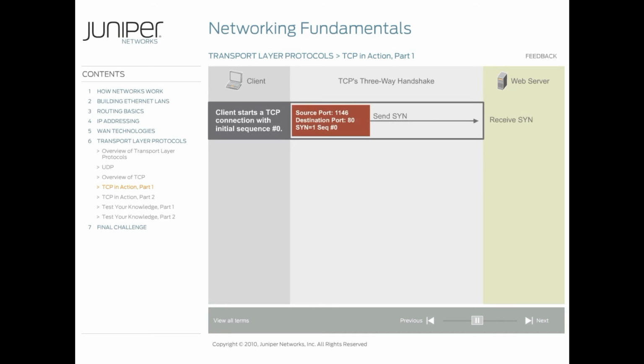The client initiates or starts the connection process by sending a TCP segment identifying the source and destination port numbers, in this case, source port 1146 and destination port 80, which is the standard HTTP port. Remember that before two devices can communicate, they must agree on sequence numbers in order to track segments and ensure reliability.